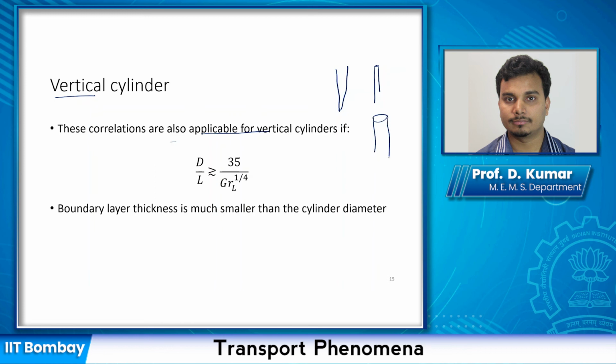Of course, by thick or thin, we have to specify D by L. If D by L is greater than 35 by this, essentially it means that your boundary layer thickness is much smaller than the cylinder diameter. If that is the case, then you can use the correlation that we just discussed.